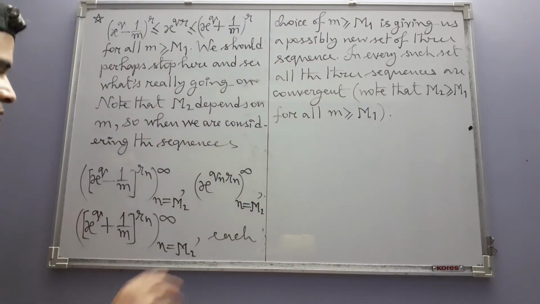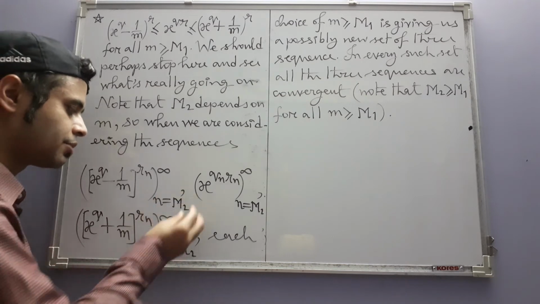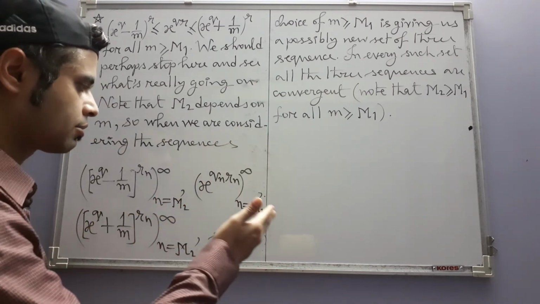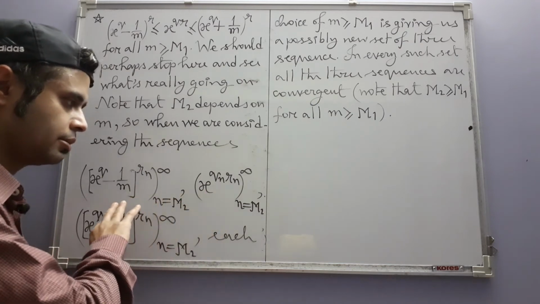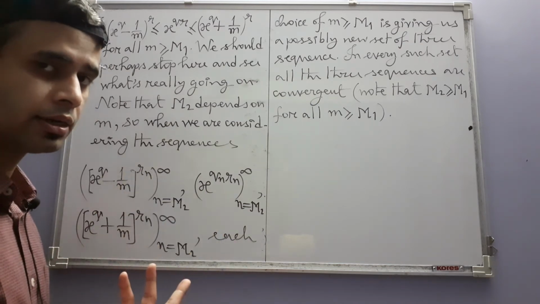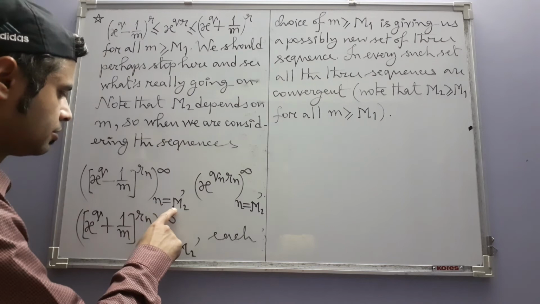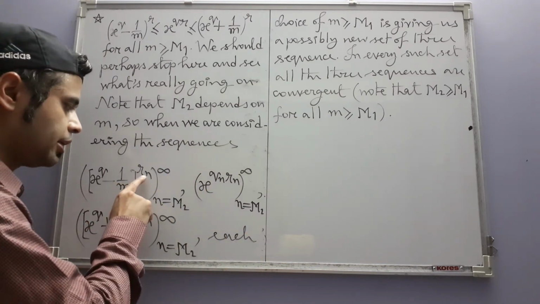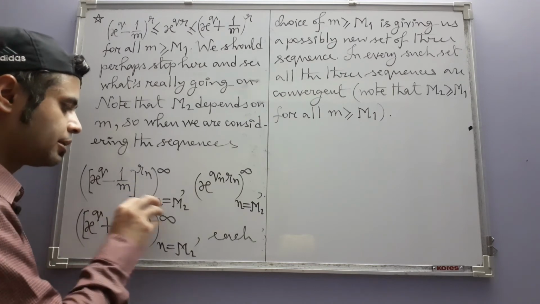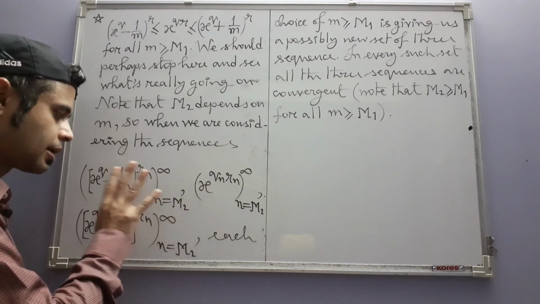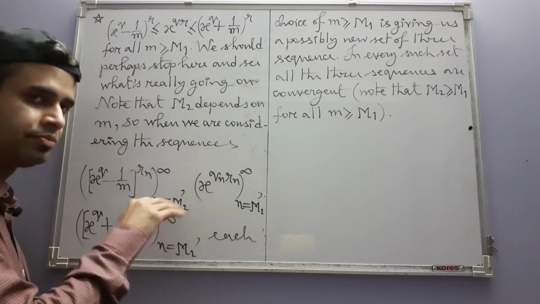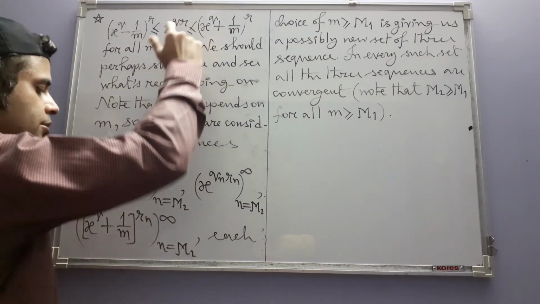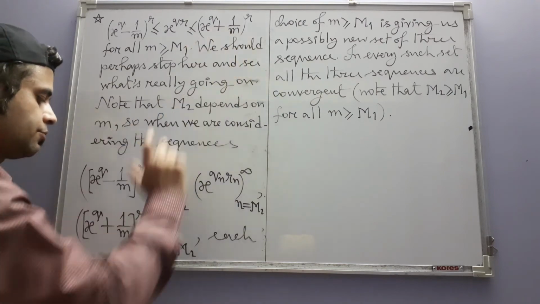But in spite of possibly starting from a different stage, since we already know that the limit of a convergent sequence does not depend on the first few terms, finitely many terms, the limits are going to be the same. When you change n, no matter where these sequences start, what their terms are, the limits are this for this one, this is for this one, and this is for this one.